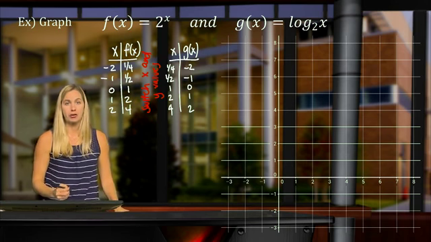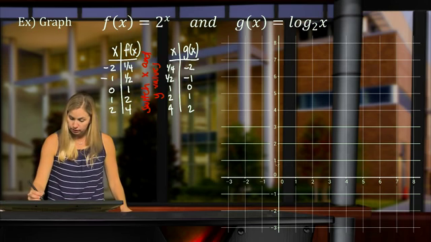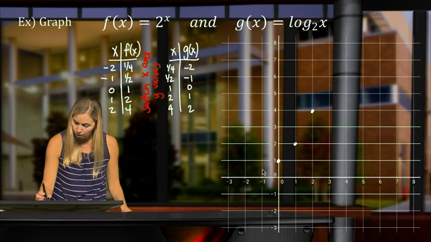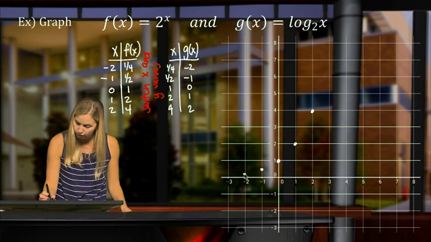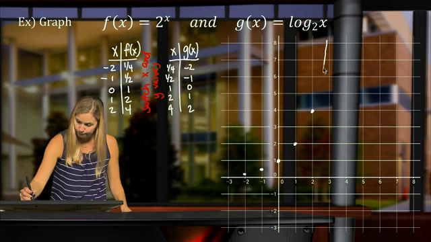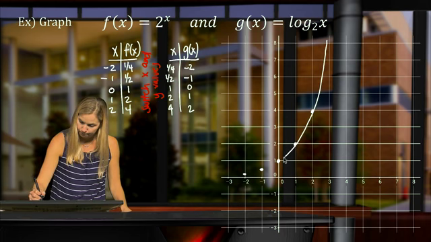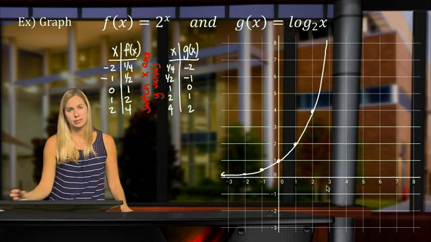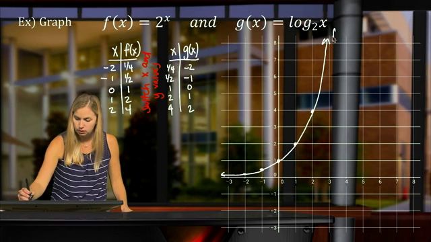So we'll graph f of x in white. We have 0, 1, 1, 2, 2, 4, -1, 1/2, -2, 1/4. And we know we've got a horizontal asymptote here at 0.